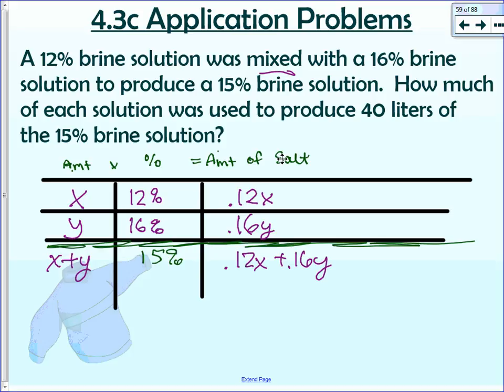But we can also get that amount by multiplying across. Okay. So multiplying across, we can get that same amount, but listed a little differently. So if we multiply across, we can get 0.15 times x plus y.